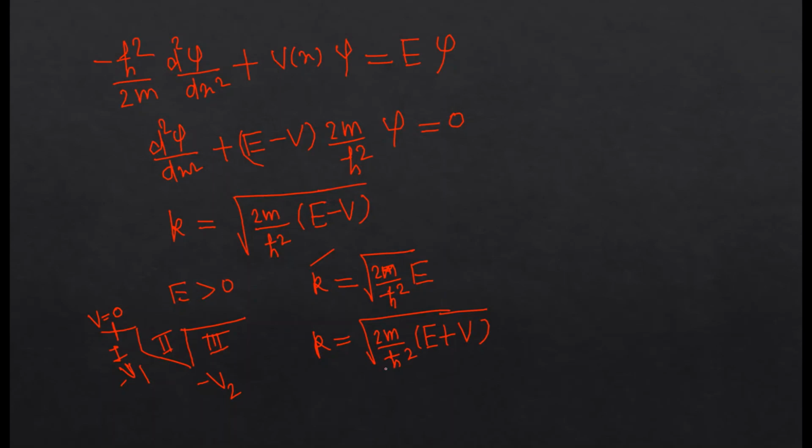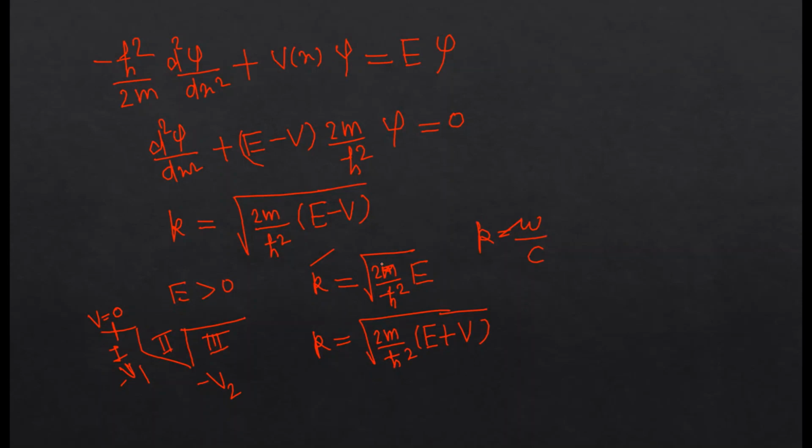Now here k is under root of E. Now you have added a V term in this, so the k value will increase. Okay, so from here you can find out that the oscillating wave function, its frequency, because k is equal to omega by c, if your k is more then frequency will be more.